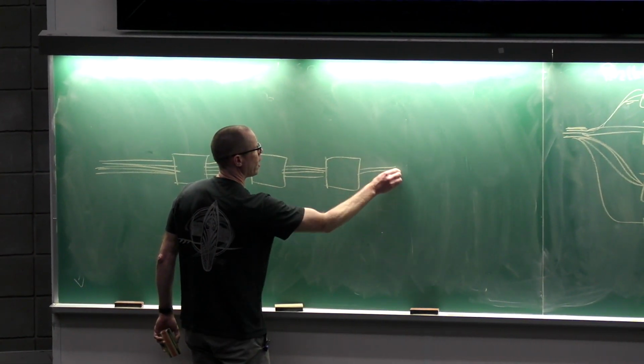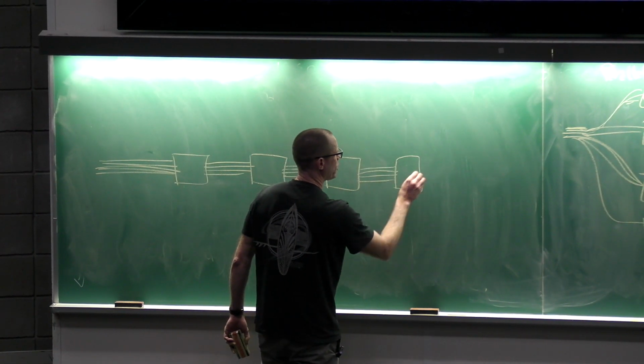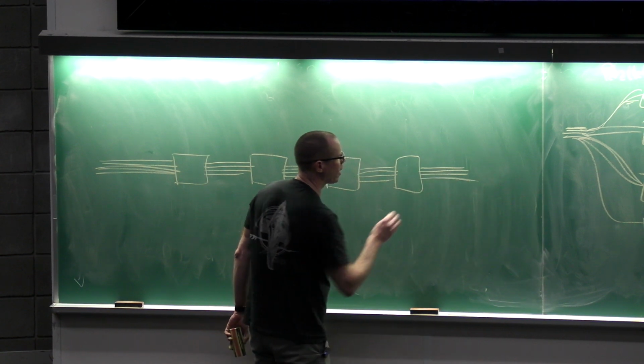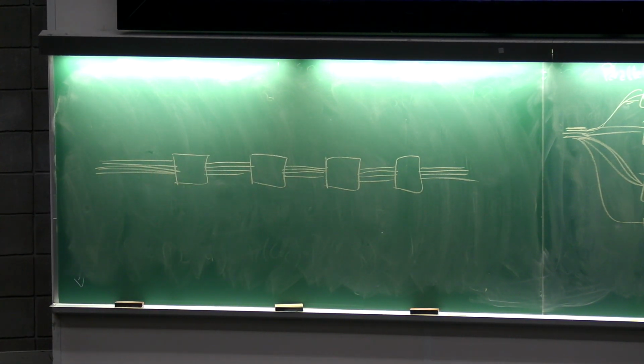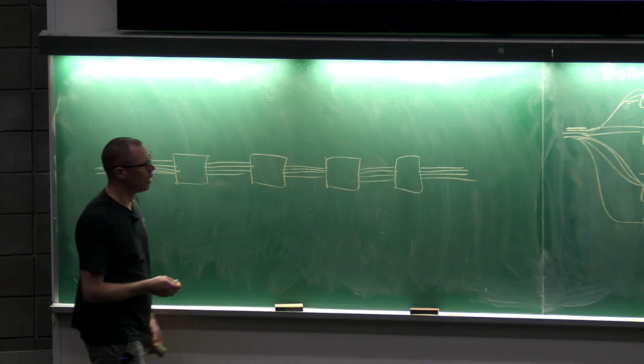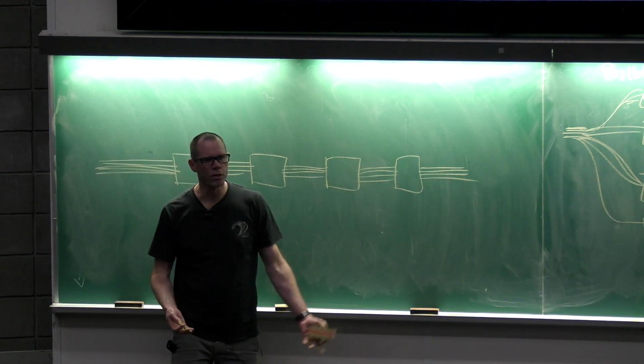And this you can think of in terms of circuits, or you can think of it in terms of just working on things in the workplace. So let's say that you and your friends want to do the assignment for this course.